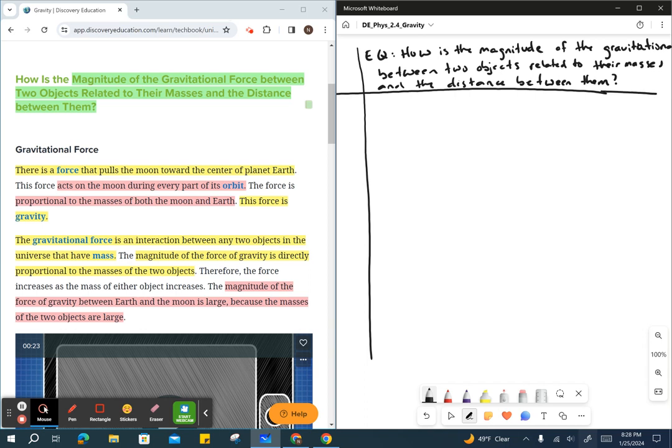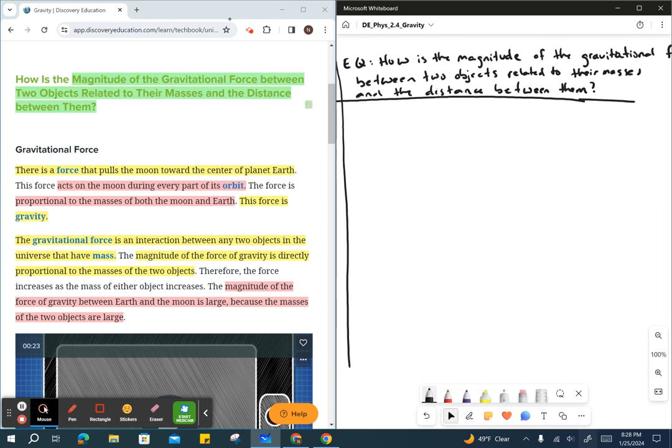How is the strength, the magnitude of the gravitational force between two objects, say the sun and the earth, or the earth and the moon, related to their masses and the distances between them?